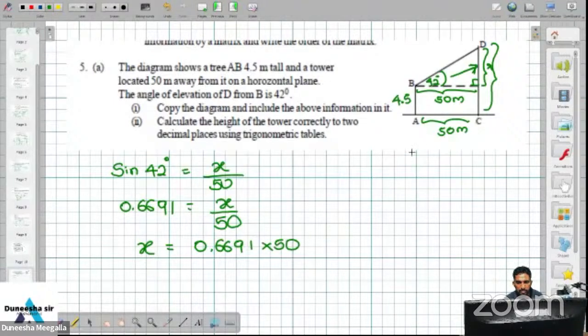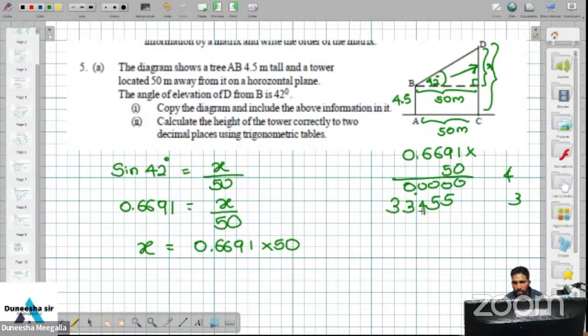Okay, can you get the answer? 0.6691 multiplied by 50 is 33.4550.